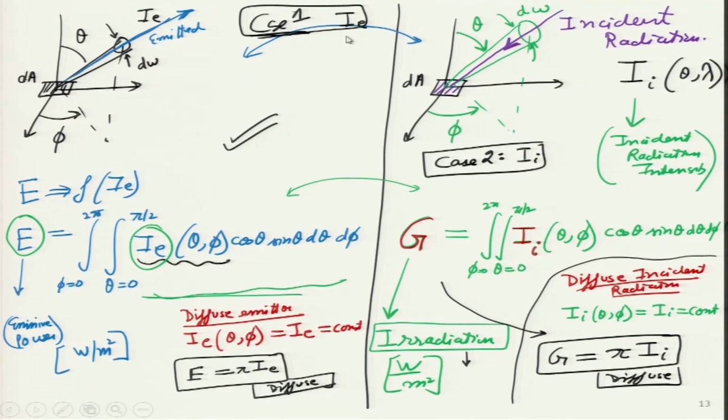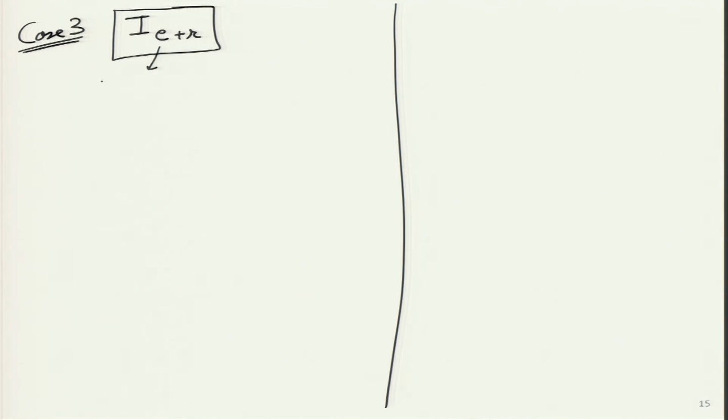Then a very interesting case, which I will write as case 3 over here, is something new we will look at. What is this, E plus R? E stands, as earlier, for the emission and R stands for reflection.